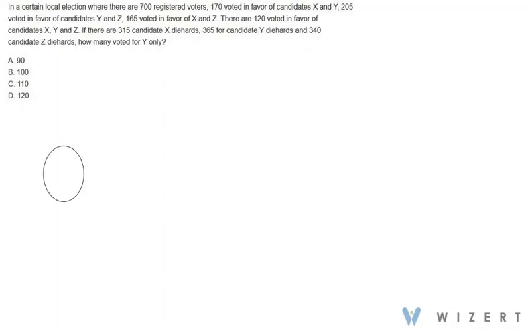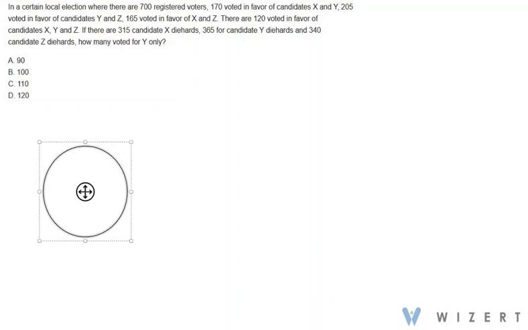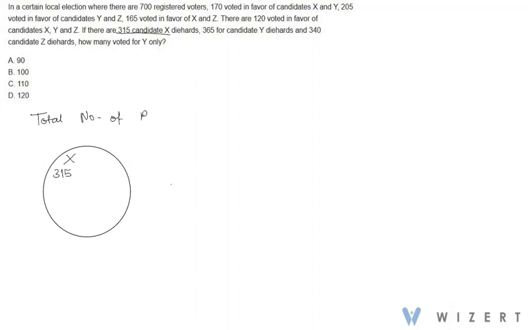So this circle, let us assume, represents people who voted for candidate X, and it's given as 315. Total number of registered voters is 700.